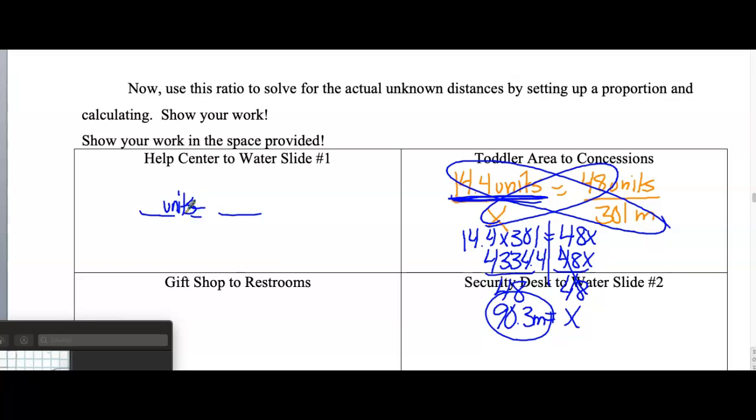And then my other ratio, 48 units over the 301 meters, is going to stay the same for all of them. And I'm always missing that bottom one because we're always trying to find out how many meters apart the attractions are going to be. So this fill in the blank will be for all of them, depending on the distance that you calculated for each of those in task 5.